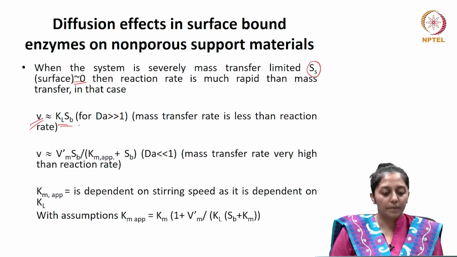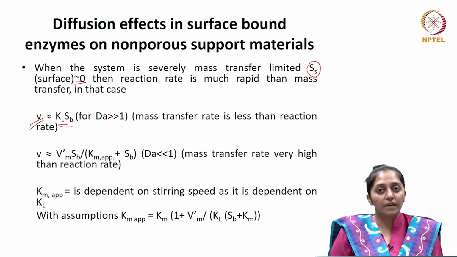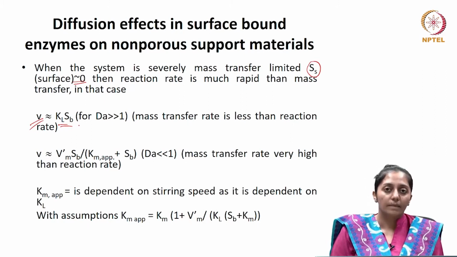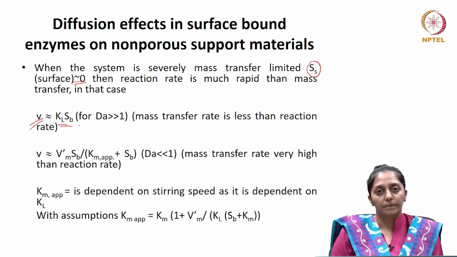If you remember, the Damköhler number is a dimensionless number which tells whether the system is mass transfer limited or reaction rate limited. If this Damköhler number is very low, the system is reaction rate limited, which means the mass transfer rate is very high compared to the reaction rate, so the reaction rate is slow.